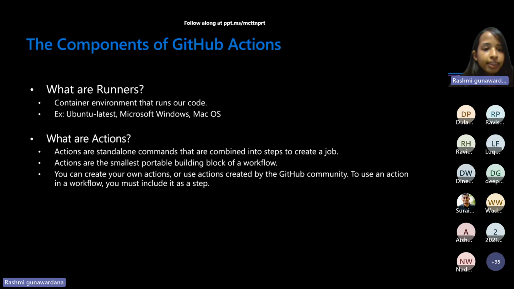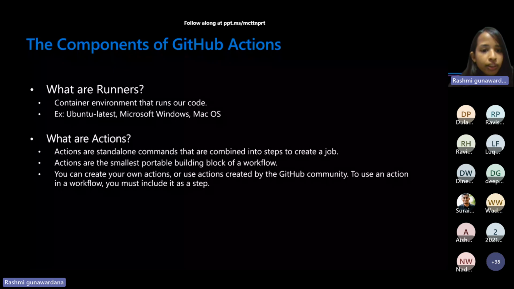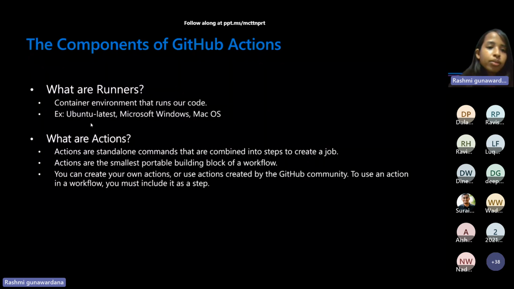Those are available as extensions, so you can add those based on your requirement. Runners are simply the environment that the code runs on. Then there are actions. Actions are standalone commands that are combined in steps to create a job. So simply, every step has an action.